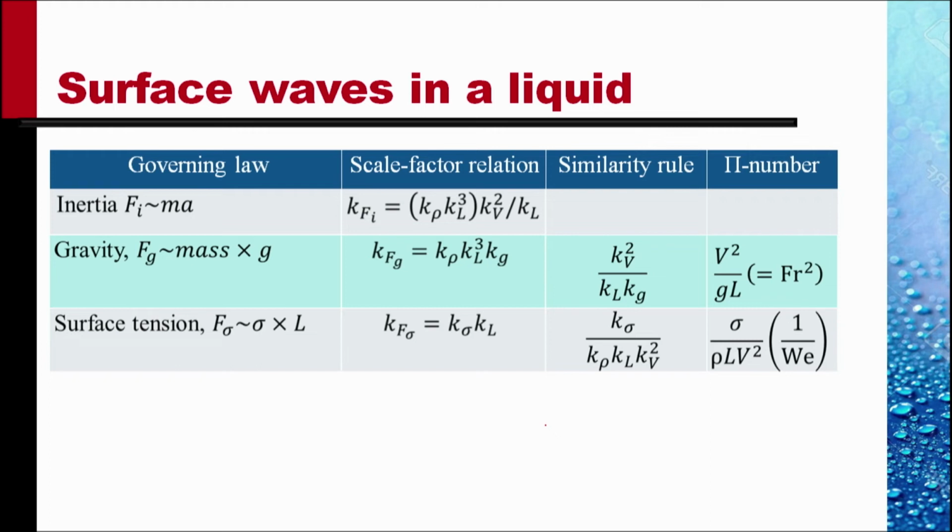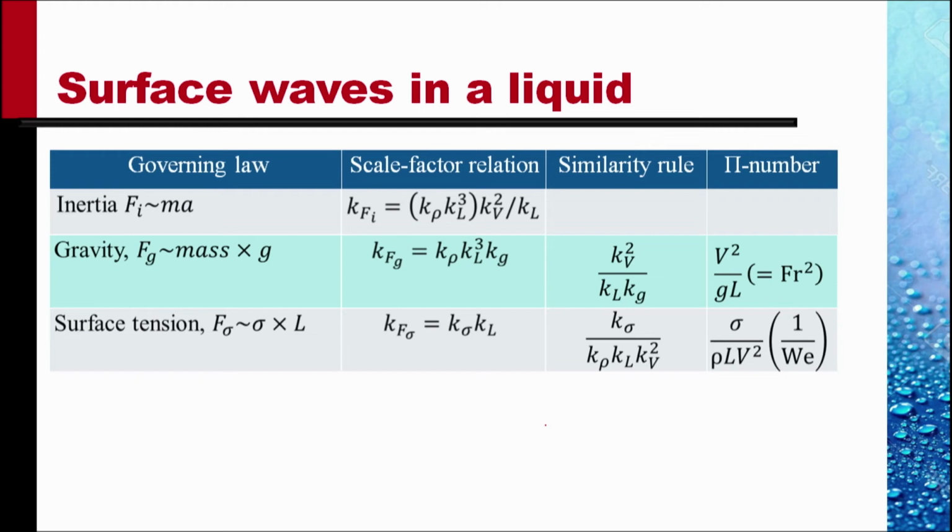From this, we get 2 similarity rules. KV square divided by KL Kg should be 1, and K sigma divided by K rho KL KV square should be 1. And from this, we get 2 pi numbers.